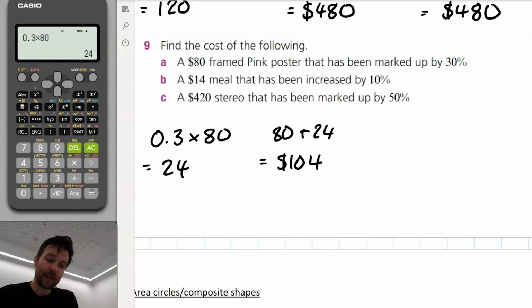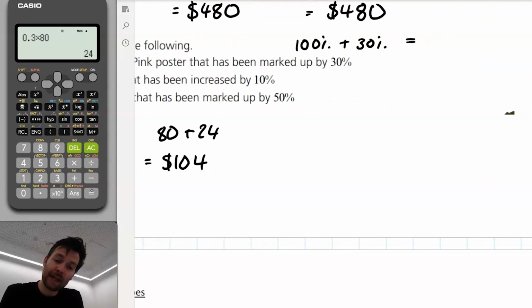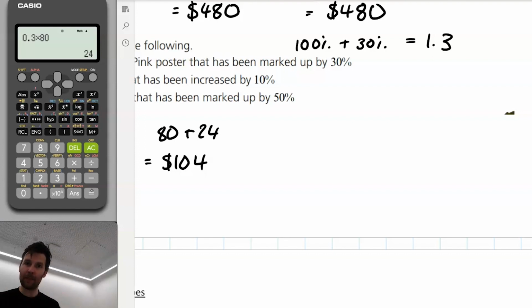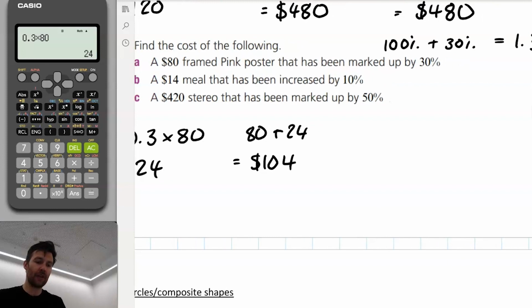The other way that we can do it is think, well, if I'm increasing the value of something by 30%, I'm doing 100%, so the original value, plus another 30%, which as a decimal would be 1.3. So timesing something by 1 keeps the original number, and then the 0.3 adds on the extra 30%.